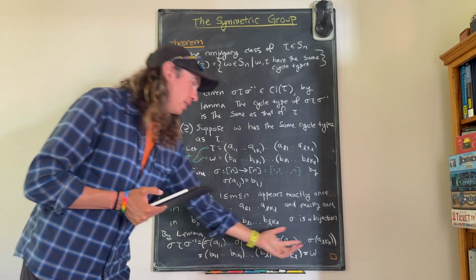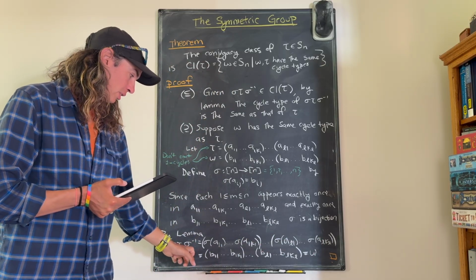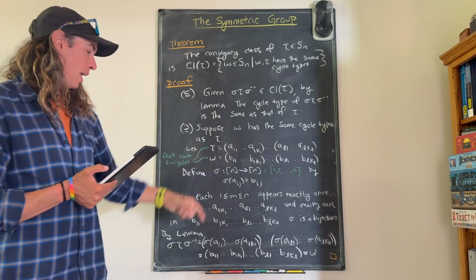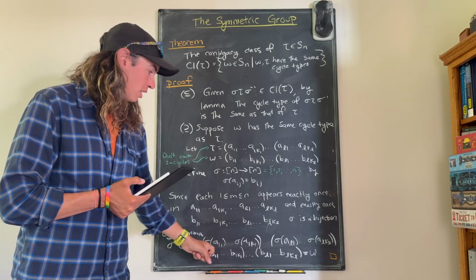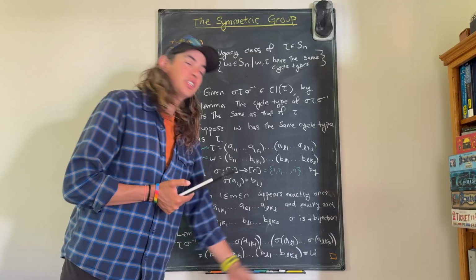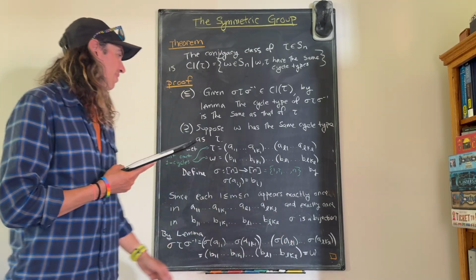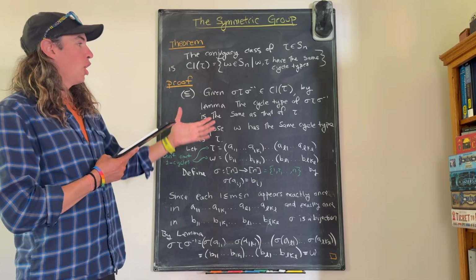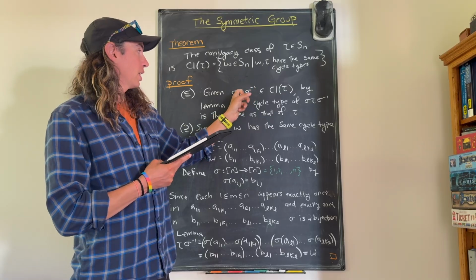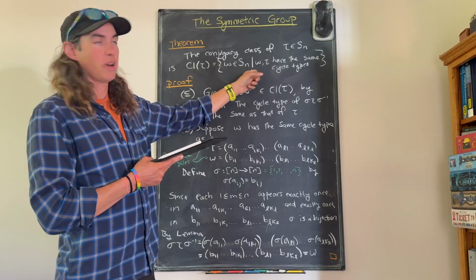Because remember, for sigma tau sigma inverse, I take the cycle notation for tau, and I just apply sigma to each of the numbers in that, and I obtain something which has exactly the same cycle type, meaning the cycles have all the same sizes as they started. Excellent. So if I take something conjugate to tau, it has the same cycle type as tau, and so it's in the right-hand side.